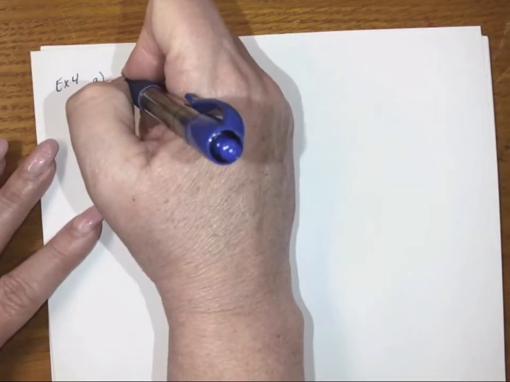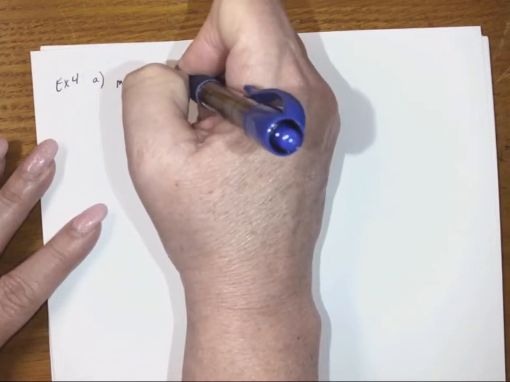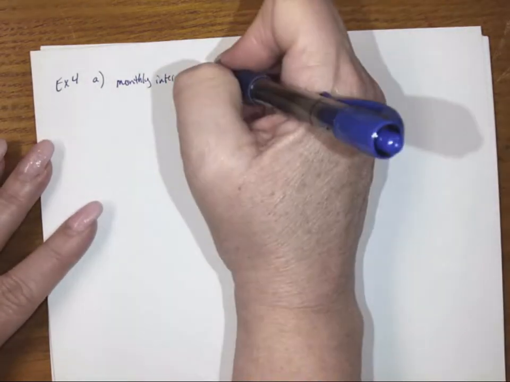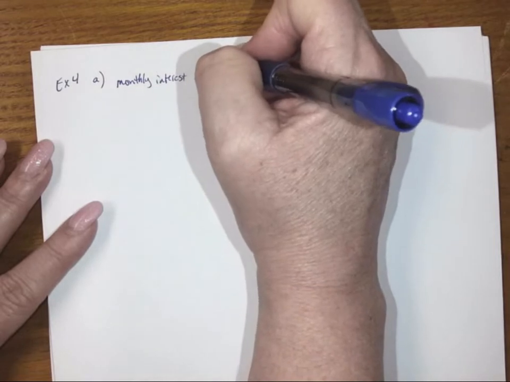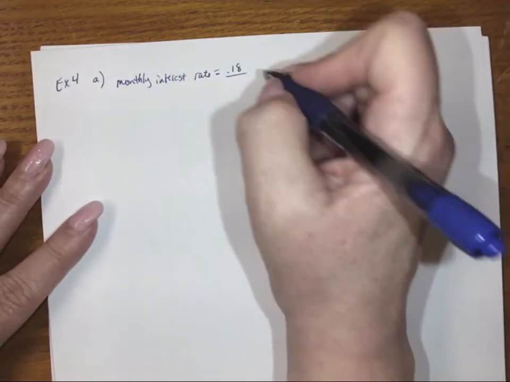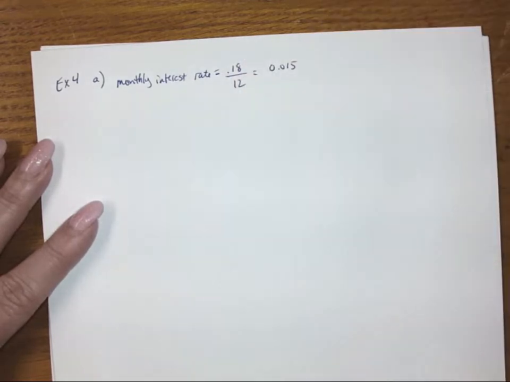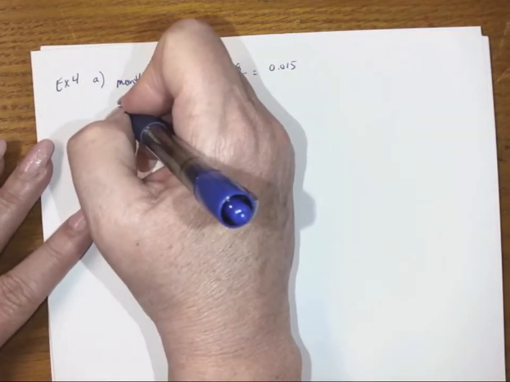Well, we always need to find a few things on this. So first of all, our monthly interest rate we're going to need to know is going to be the rate, which was 18%, so it's going to be 0.18 divided by 12 months, which gets us 0.015. So we need to find the finance charge.